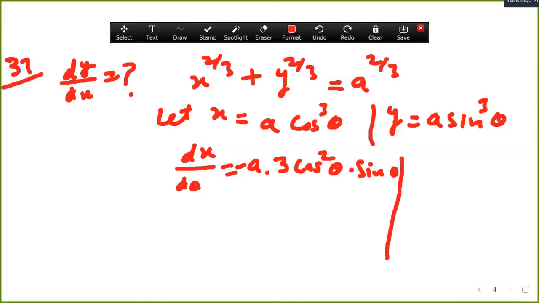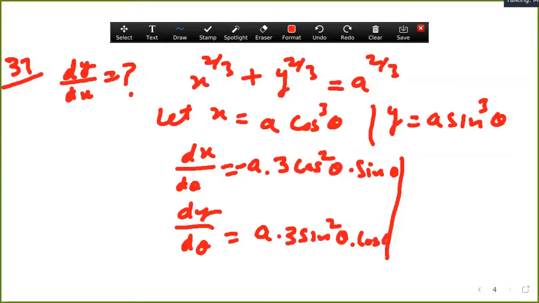What is the derivative of dy upon d theta? It will be equal to a as it is into 3 sine square theta. First of all, solve the power, then chain rule. Sine theta derivative is cos of theta. Now, what is dy upon dx?